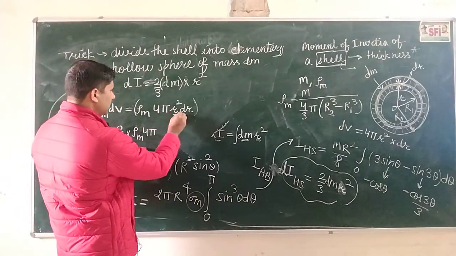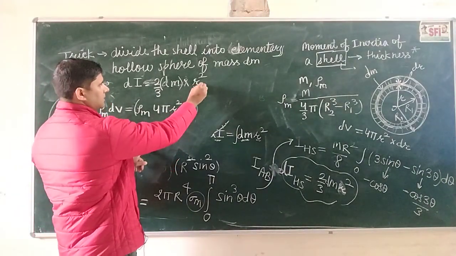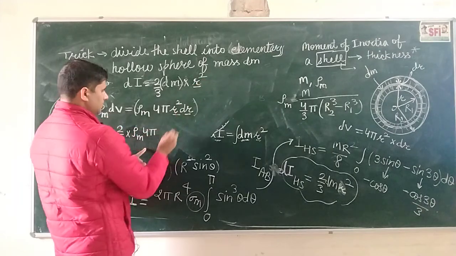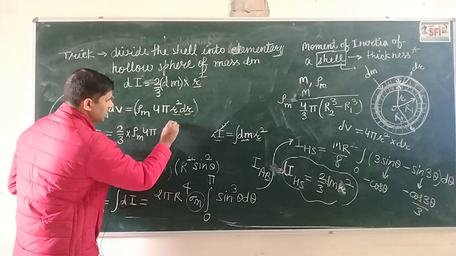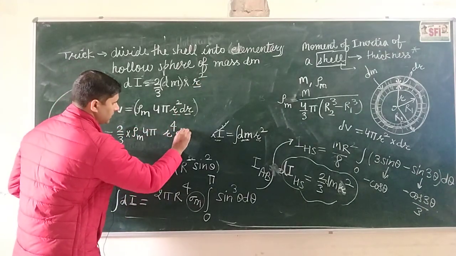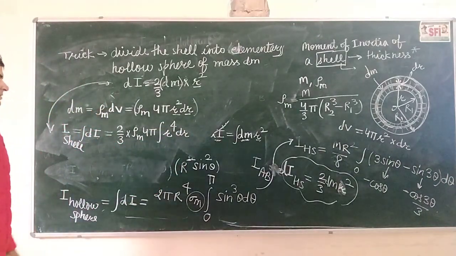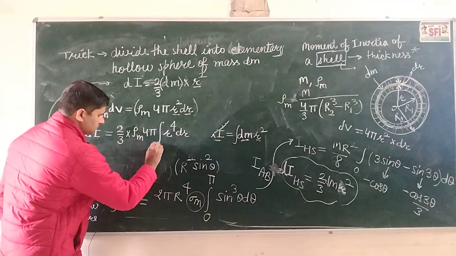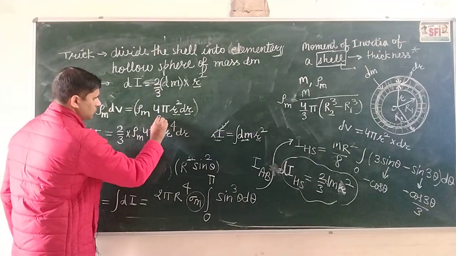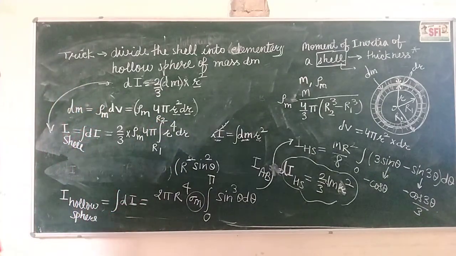Then you are left with r square and dr, and you have one more r square here. So I can write it as r raised to power 4 into dr and its integration from the inner radius to the outer radius, r1 to r2.